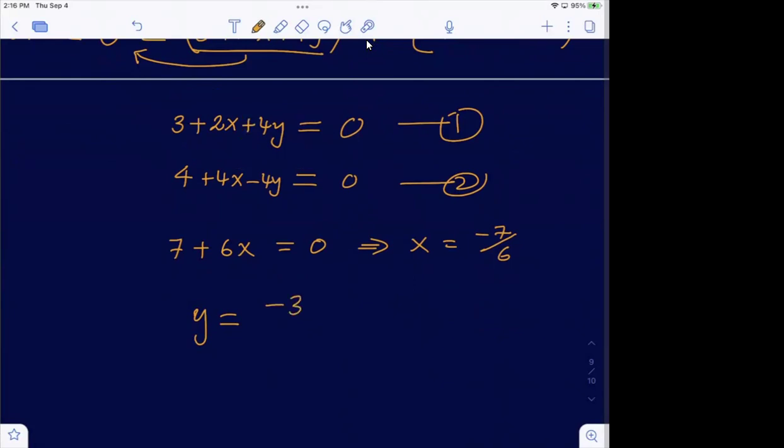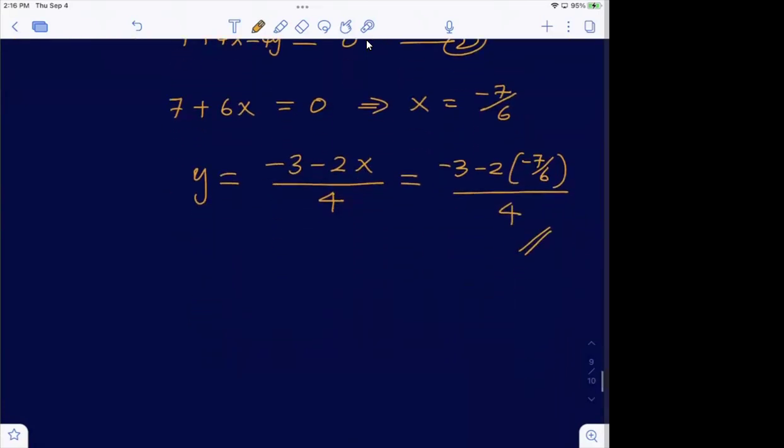So negative 3 minus 2x divided by 4, which turns out to be negative 3 minus 2 times negative 7 over 6, divided by 4. You can simplify it further, but I wouldn't worry about the simplification as far as I see the method.